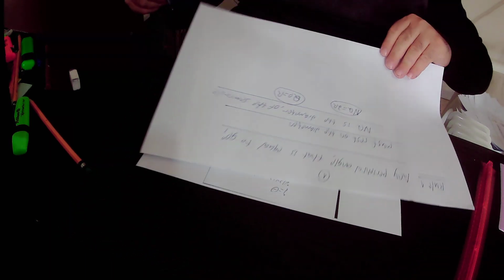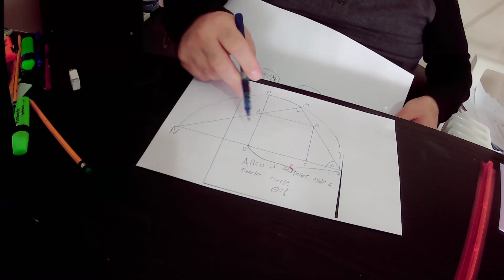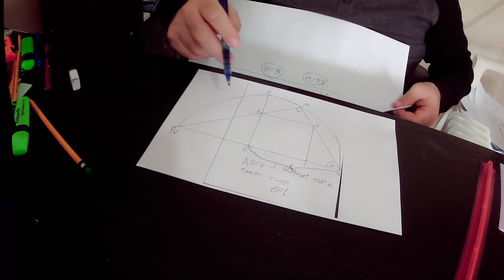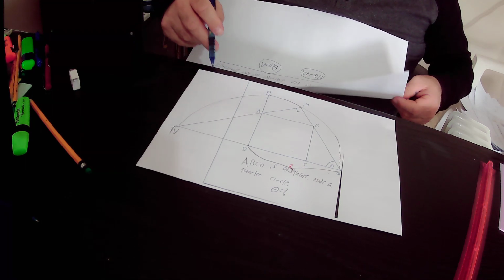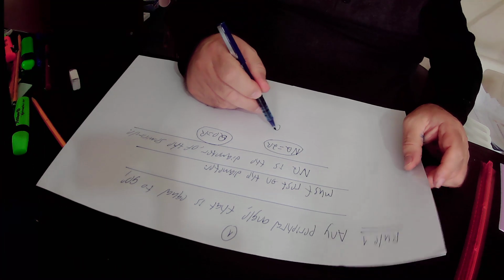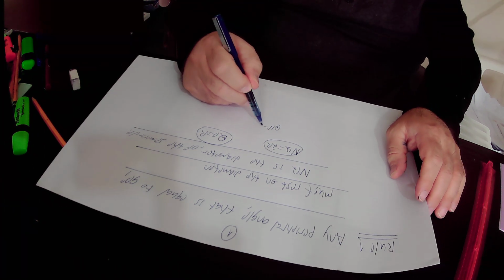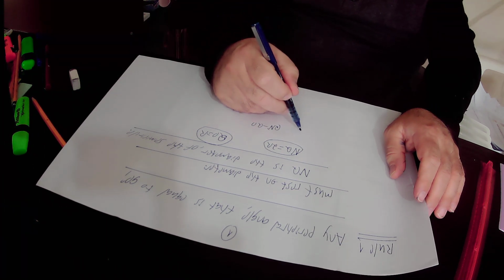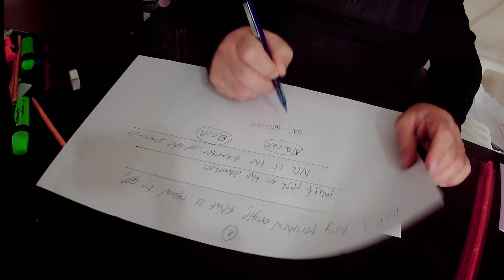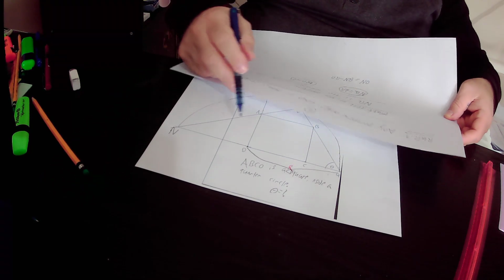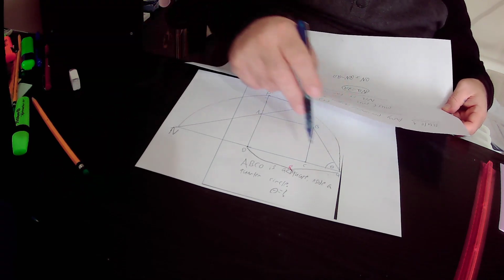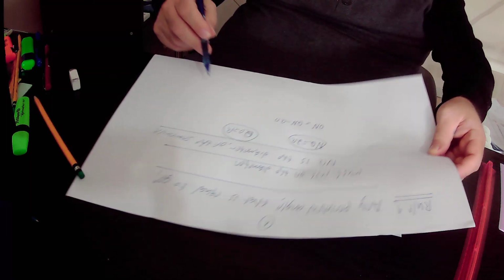And what is the value of line segment ON? ON equals QN minus QO. From the drawing you can see that ON equals QN minus QO.